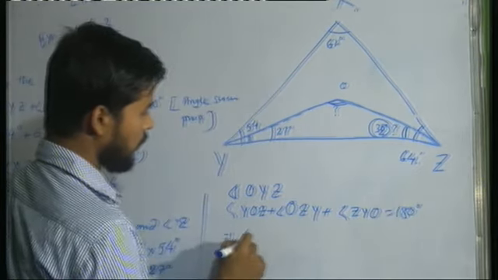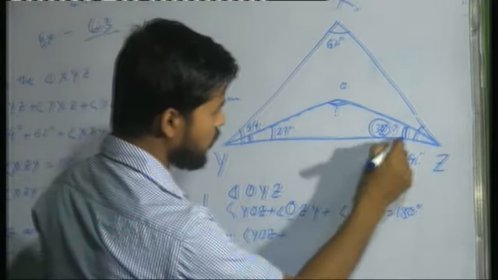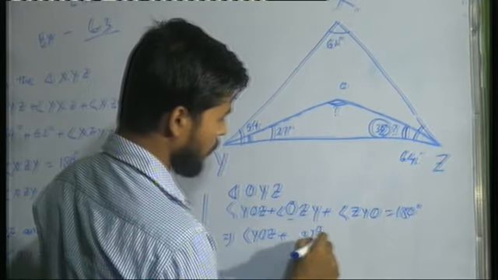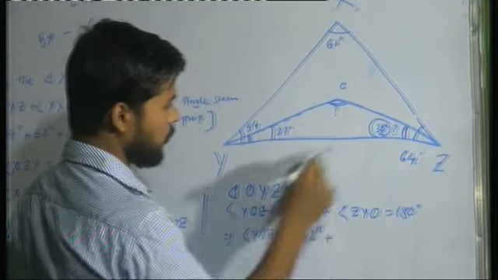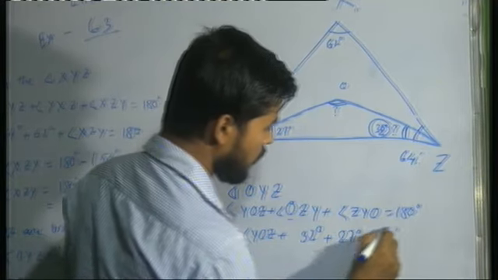That means angle YOZ plus 32 degrees plus 27 degrees is equal to 180 degrees.